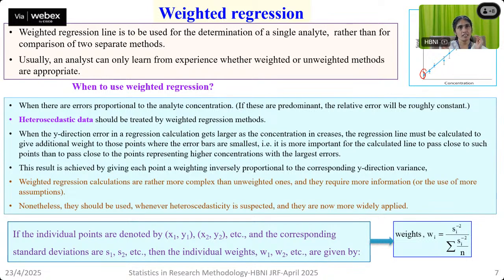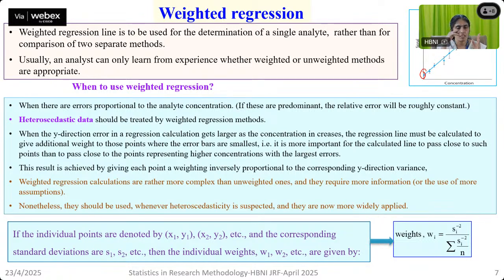Such variation in the dependent variable as a function of the variation in the independent variable. For example, the error in the Y value keeps on enlarging as we go from lower to higher concentration region. The variation is increasing. This is called heteroscedasticity. Hetero means different.